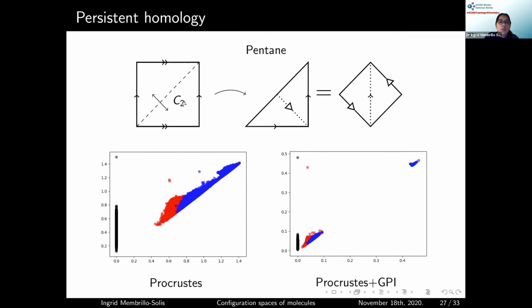Now the graph permutation inversion group, which consists of two elements, we just identify these two points. So basically we fold this square along this diagonal, and what we obtain is something that looks like a Möbius band. And indeed, this persistent diagram coincides with what the theory tells us.